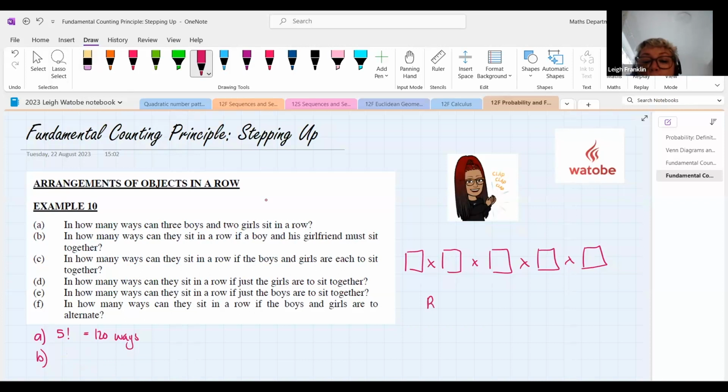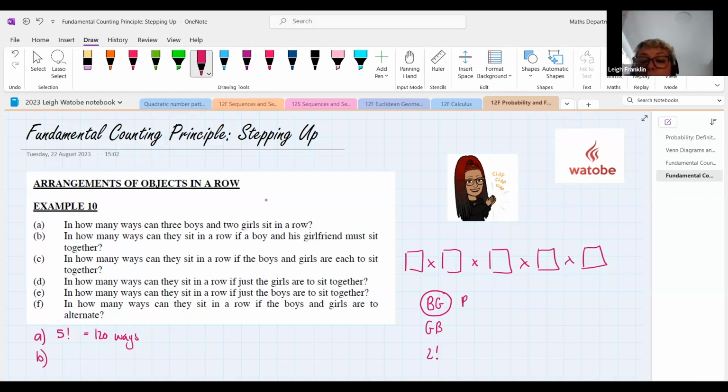So we've got a boy and his girlfriend that want to sit together. So they can sit boyfriend, girlfriend, or they can sit girlfriend, boyfriend. Then what we do is we put them together as a group when we combine them with all the other ways in which they can sit with the other people. So there are 2 factorial ways that they can sit with each other, boy, girl, or girl, boy. Now how many boys are left over? 1 boy is already gone.